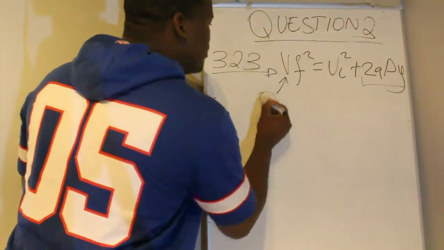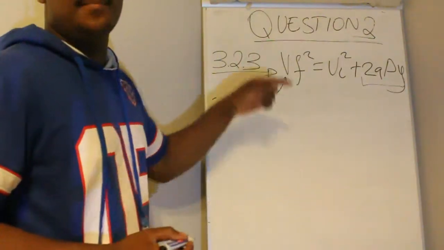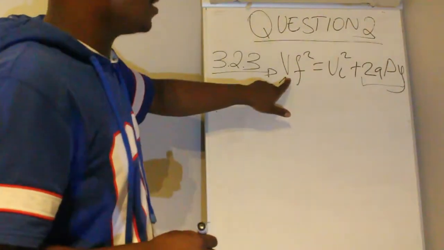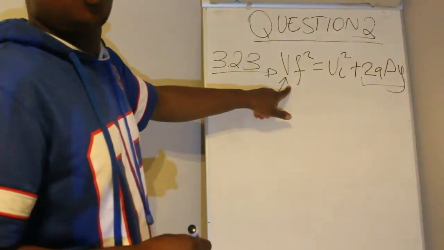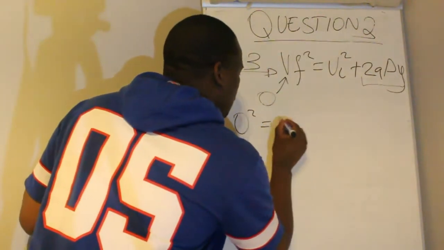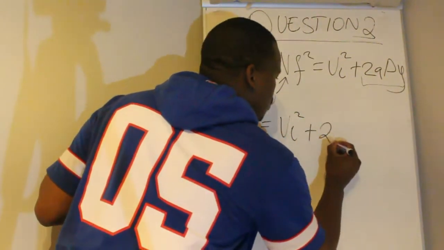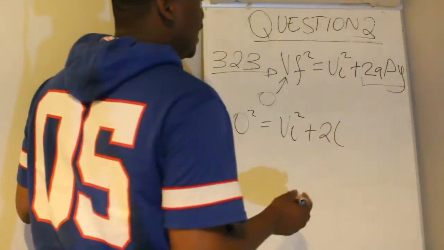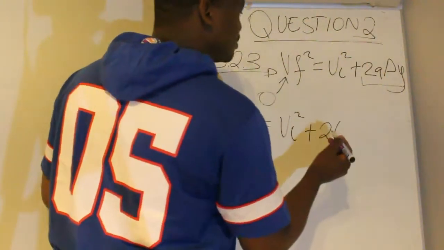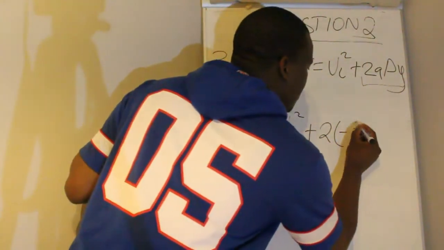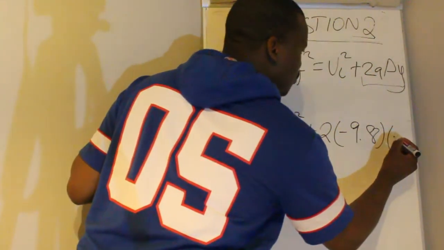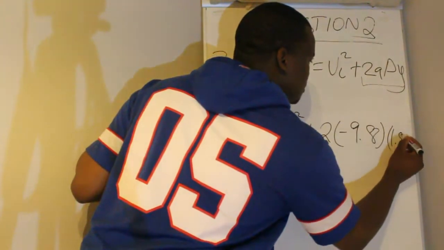The final velocity is 0 because at the maximum height, the velocity is 0. So we can say 0 squared is equal to Vi squared plus 2a. For my sake, I use up as positive and down as negative. So we have negative 9.8 times delta y, which is 1.85.